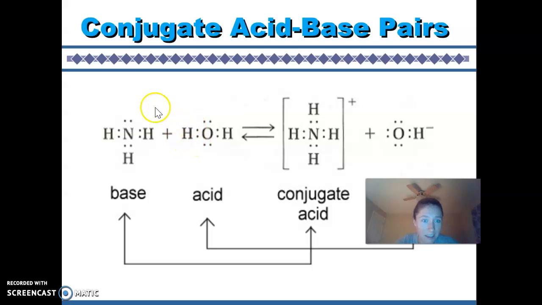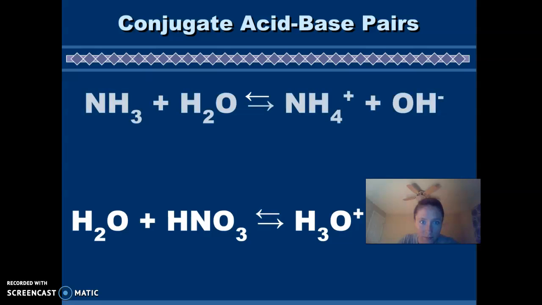So the H goes right onto the ammonia, and it forms NH4 plus. And so whoever's the base is always going to turn into the conjugate acid in the products, and whoever is the acid will always turn into the conjugate base. So it kind of switches.